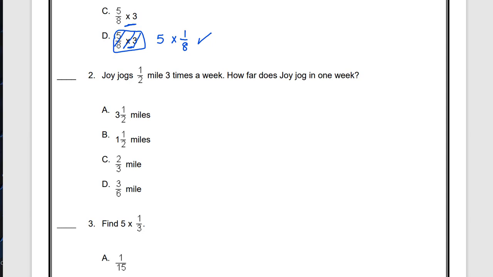What should we do? We need to repeat the 1/2, right? Yeah. How many times? 3 times, because it's 3 times a week, and we have here 1 week. So we need to repeat 1/2 3 times. So we are multiplying 3 times 1/2.